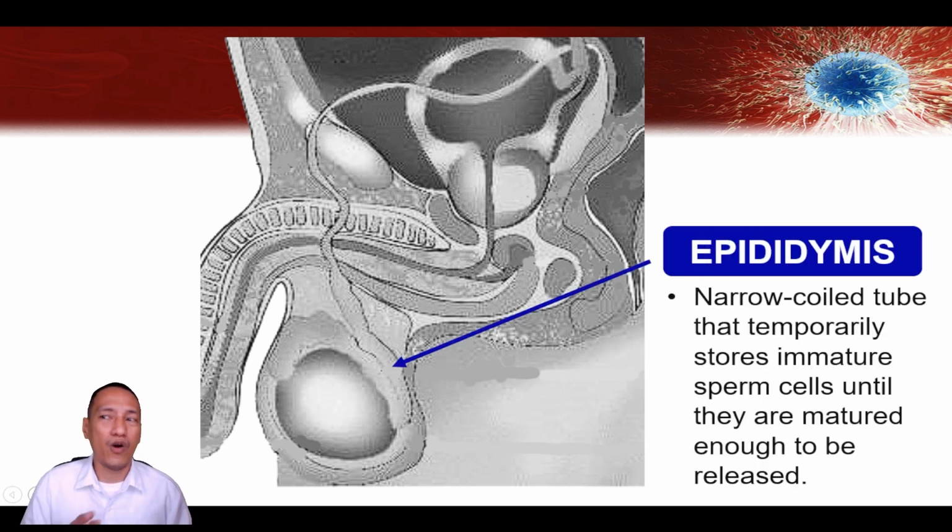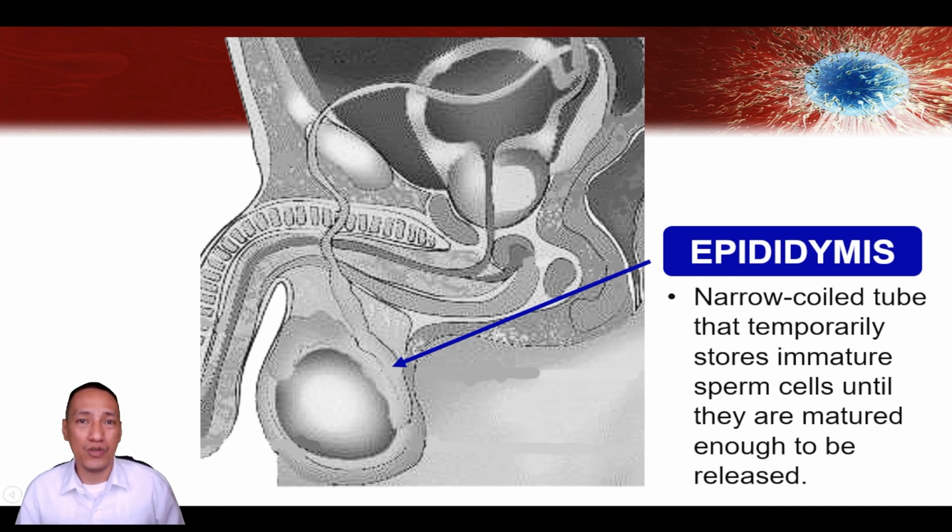And now we are on the epididymis. Basically, yung sinabi ko kanina na si testes, gagawa siya ng sperm, tas lalabas, dadaan sa vas deferens. Bago si vas deferens, ay merong pang part bago makapunta sa vas deferens, si sperm cell. At ito ay tinatawag na epididymis. It's a narrow coiled tube that temporarily stores immature sperm cells until they are matured enough to be released.